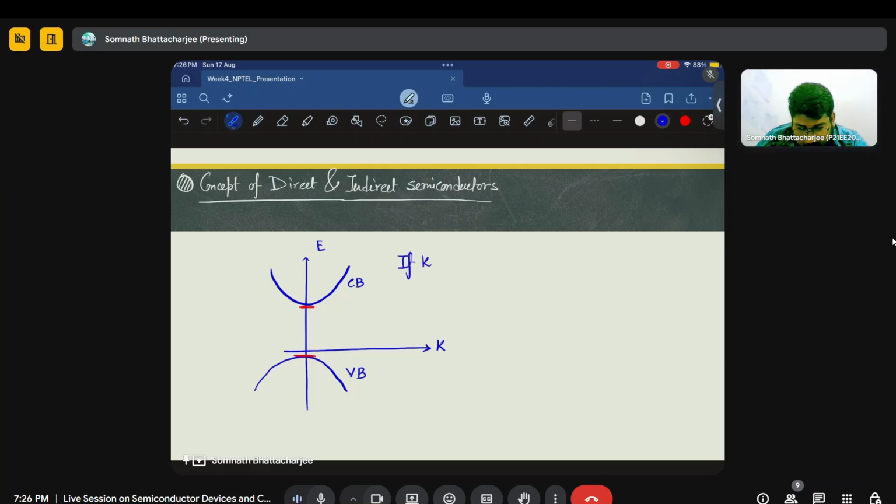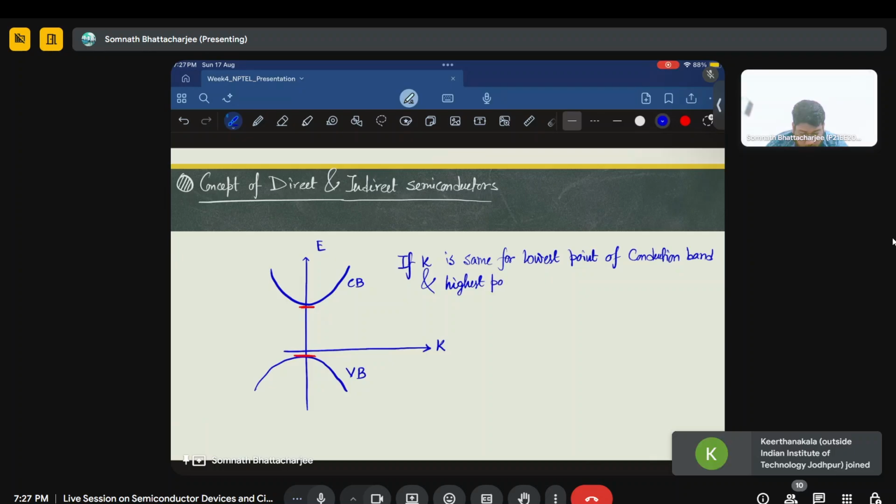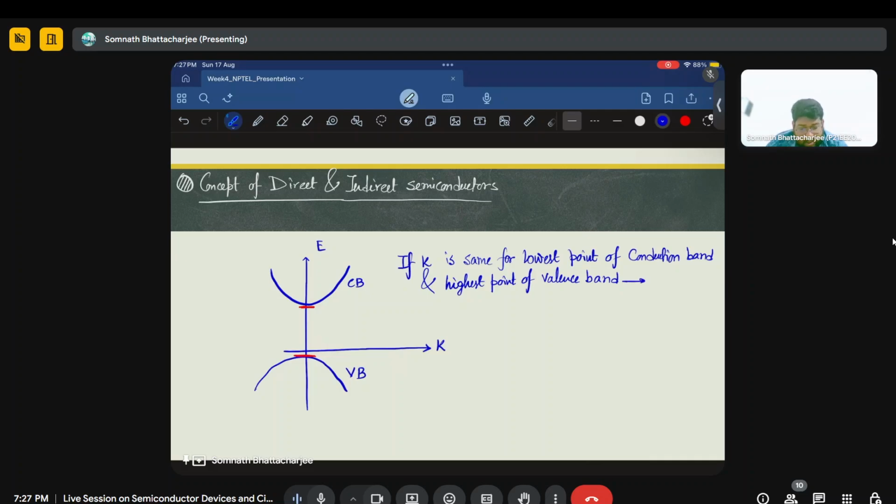If k is the same for the lowest point of the conduction band and the highest point of the valence band, then in this case, this is called a direct band gap semiconductor.